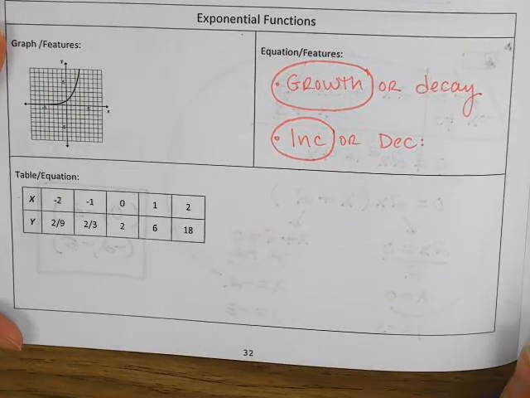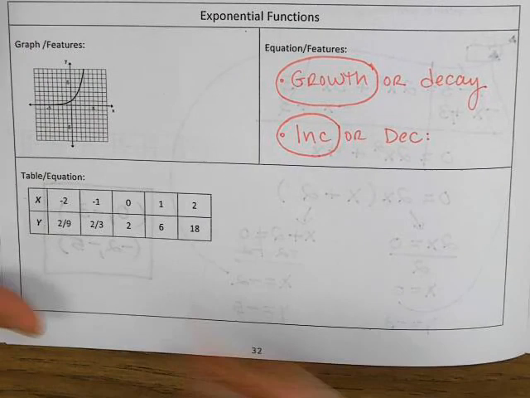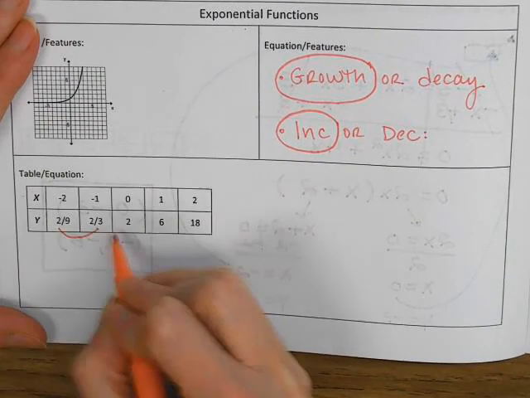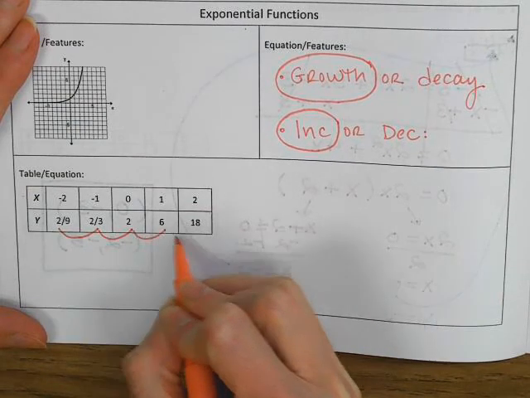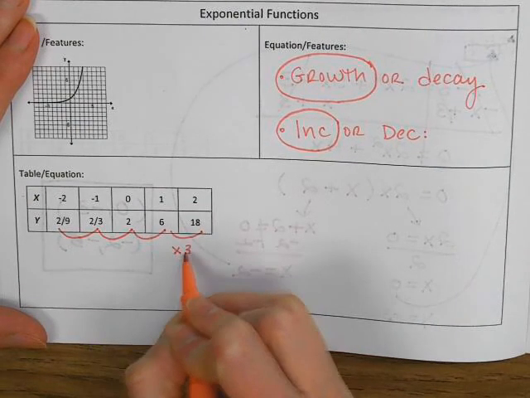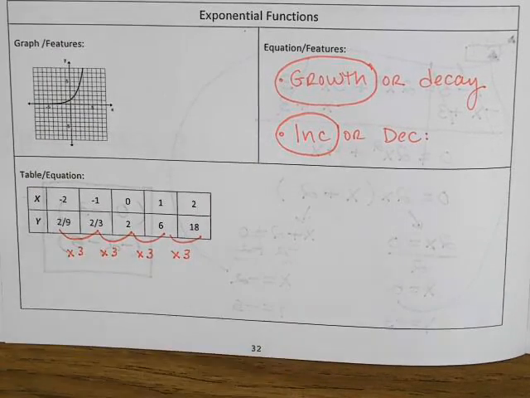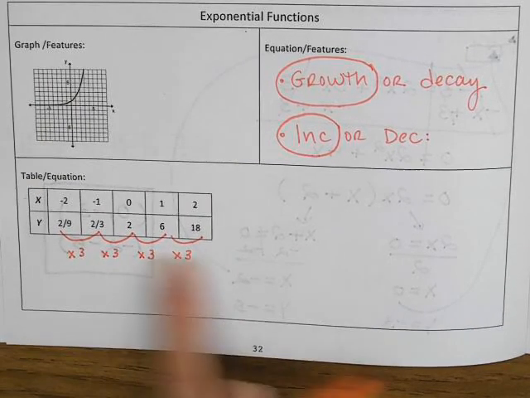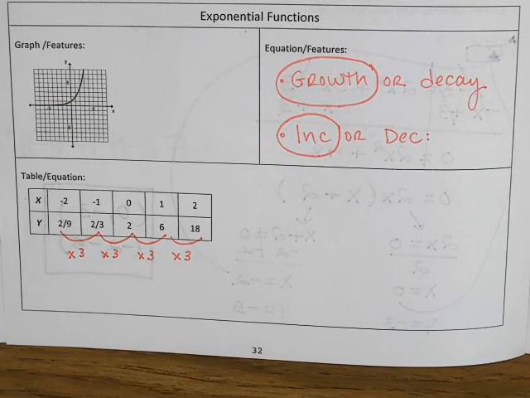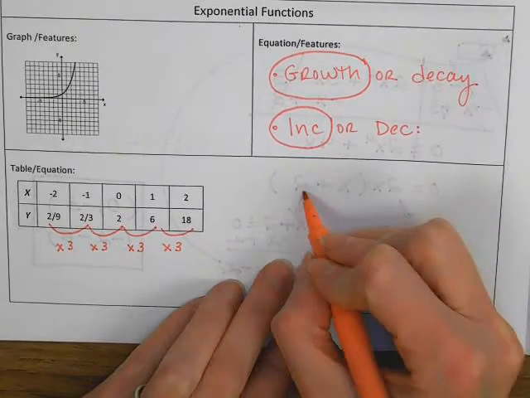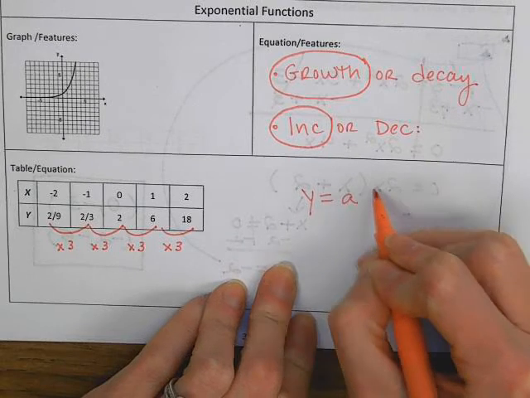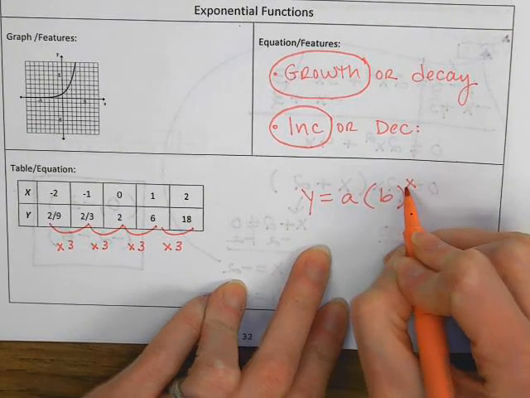Now, how can you tell if a table is an exponential function? Well, you look and you see, how do you get from one y to the next? It looks like we're multiplying by 3 every time. When it's a multiply or divide pattern, it's exponential. And the model is y equals a times b to the x power.